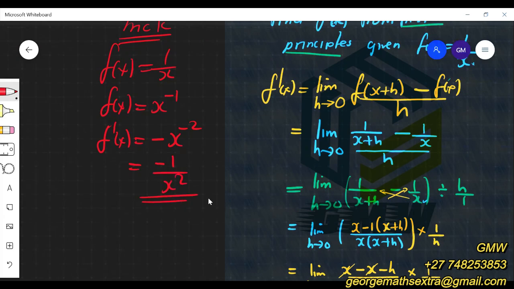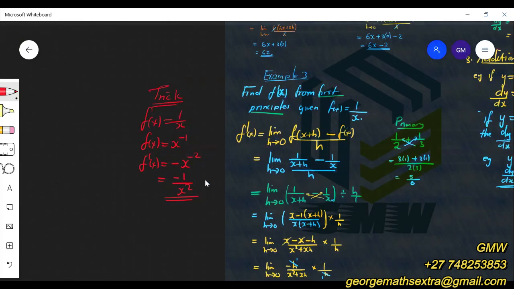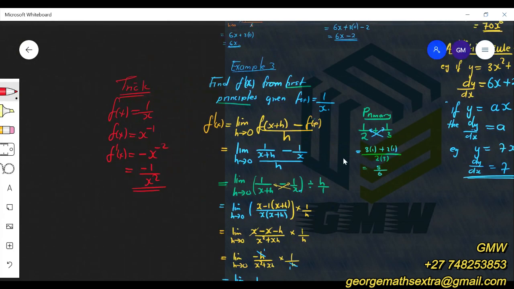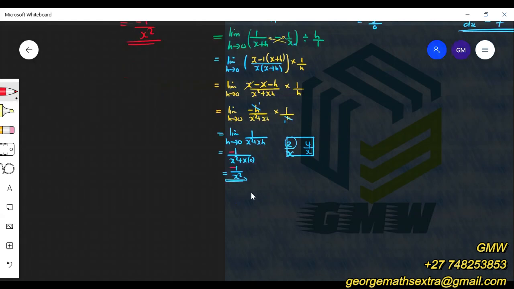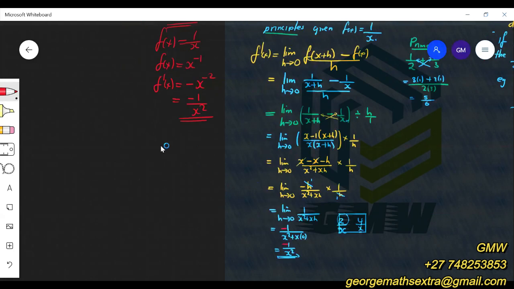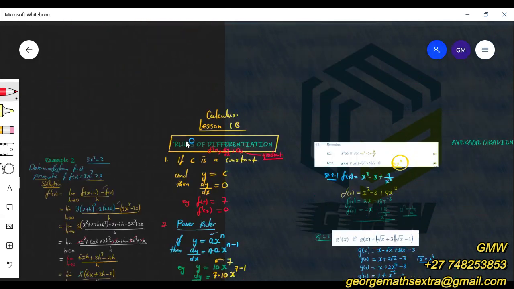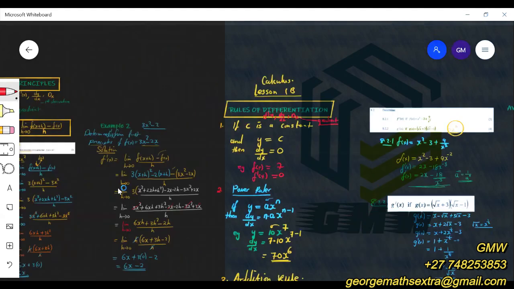So the idea is you differentiate directly and get the answer quickly, so that you will know the answer you must find at the end. Let's look at the earlier examples as well, like this one here.